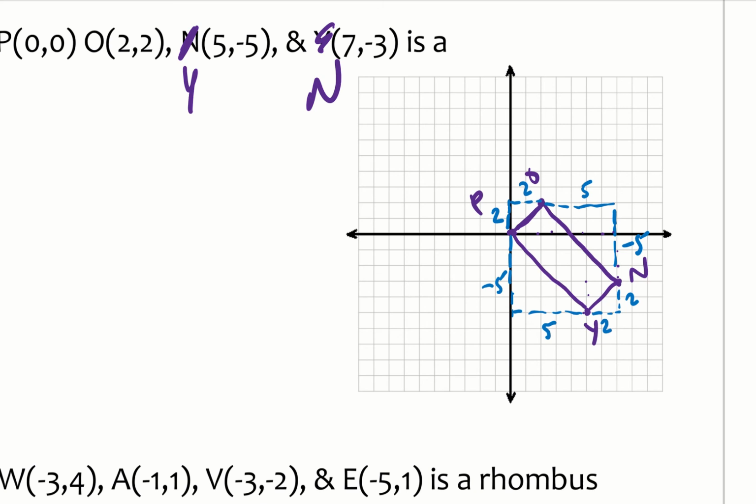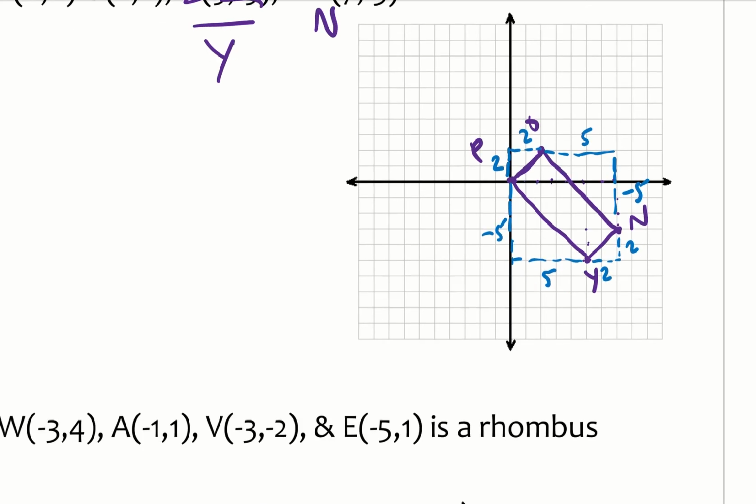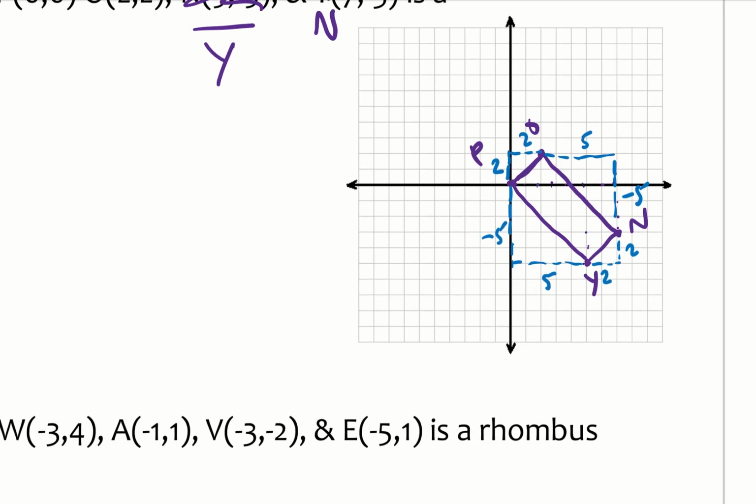Okay, so it looks like the coordinates are P, O, N, and Y. If we switch these, we have 5, negative 5. 1, 2, 3, 4, 5. That should be Y. And this one here, which is at 7, negative 3, should be listed as N.